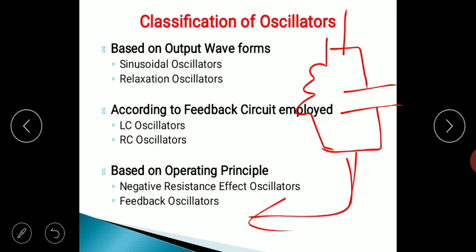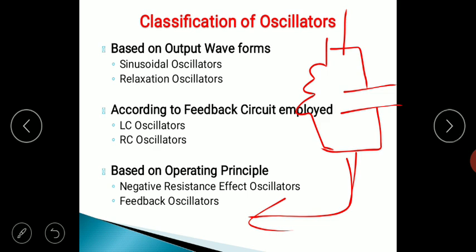There are certain devices which exhibit negative resistance property, and by utilizing this negative resistance property of the devices, we can generate the oscillations, and those oscillators are called as negative resistance effect oscillators. Whereas normally we go for what are called as feedback oscillators, right? So the oscillators which make use of positive feedback to generate the oscillations are called as feedback oscillators. That is the third type of classification of oscillators.